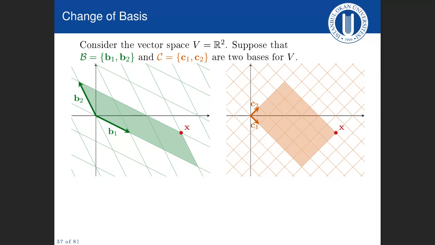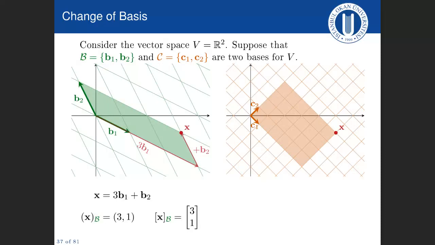Looking at the left picture, first of all, how many b1s and how many b2s do we need to get from the origin to x? If we do 3b1 first, and then plus b2, then we move from the origin to x. So x is 3b1 plus b2.